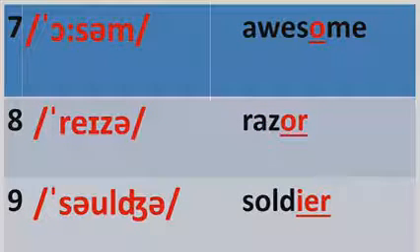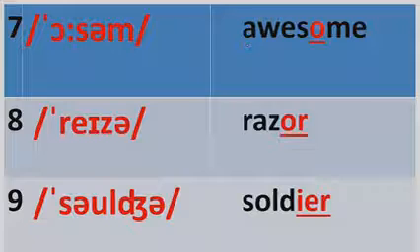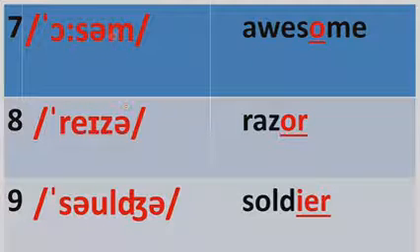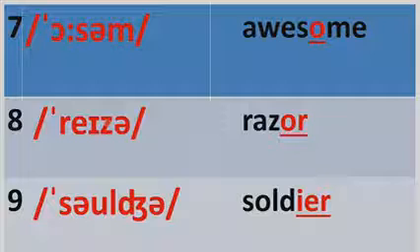It is letter O, and the word is pronounced awesome. And in number 8, the spellings OR give us the schwa, and this is pronounced razor. Number 9, IER gives us the schwa, and the word is pronounced soldier. Can we call the words awesome, razor, soldier? That is interesting.